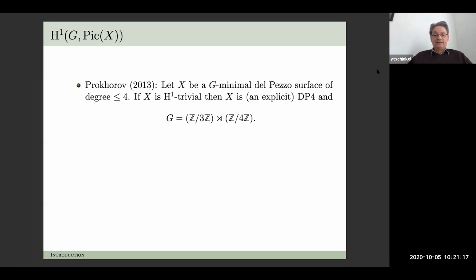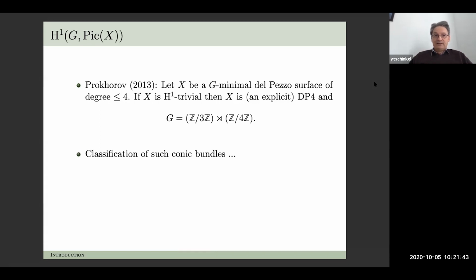And the result of Prokhorov is that if you have a del Pezzo surface of degree less than or equal to 4, then H^1-triviality and minimality implies that there is only one such surface, an explicit degree 4 del Pezzo surface, and the group is the one written here.